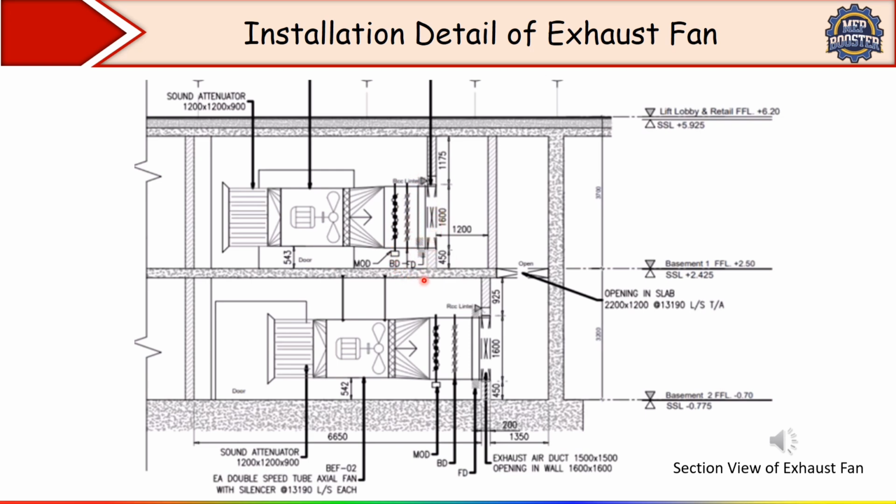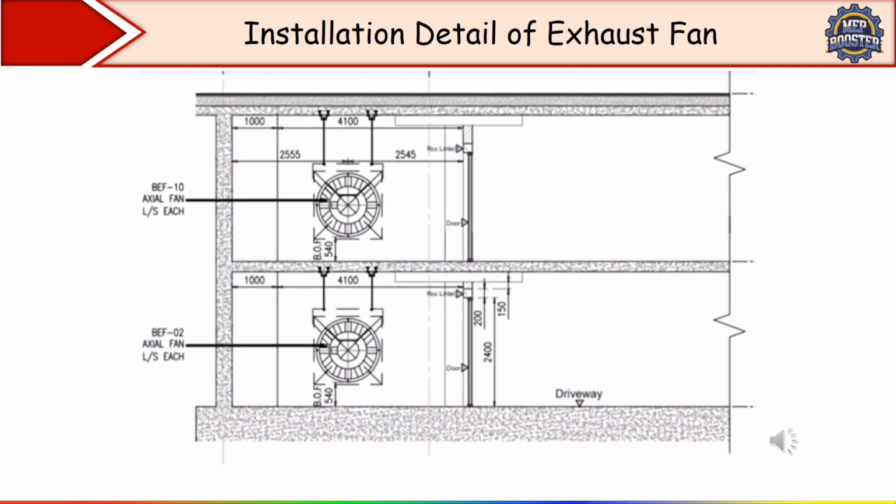After the backdraft damper, we have installed here an FD, fire damper. This damper prevents the spread of fire, which helps to stop a fire from spreading. That is why we have to install the fire damper here. So this is the installation detail of the exhaust fan. Now here one more image is there.